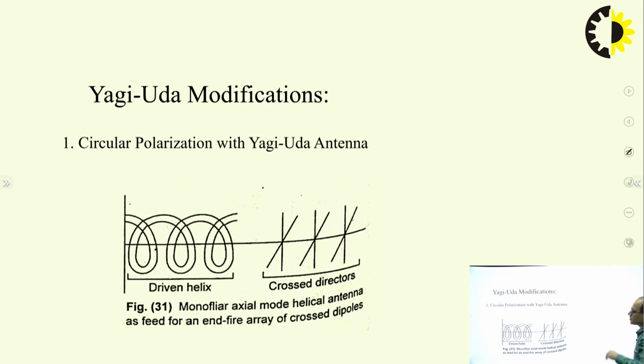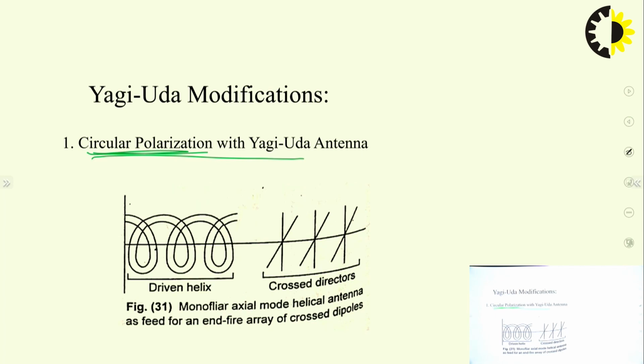Clear? So first one is the circular polarization with Yagi-Uda antenna. Means that there will be a Yagi-Uda antenna, and that antenna is having a circular polarization.